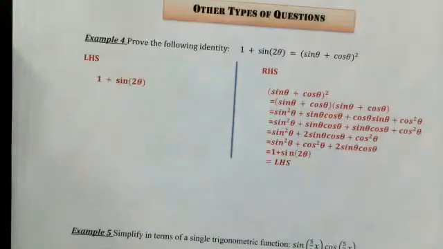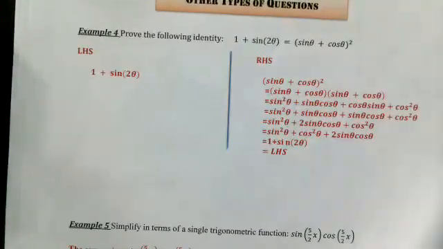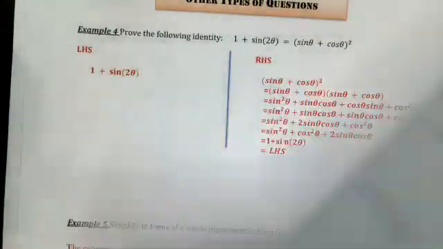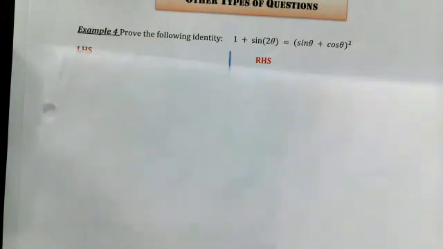Okay, so not much more left for this lesson or unit. It's just the other types of questions. One is proof of an identity, and the other one is sort of a rearrangement slash simplifying of an expression.